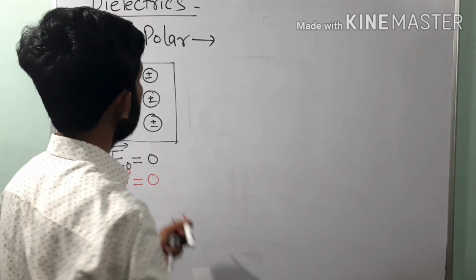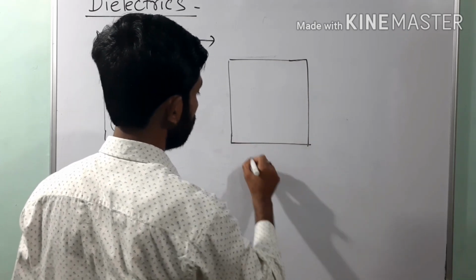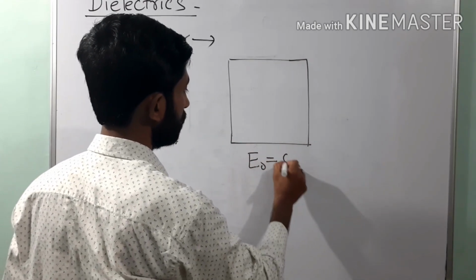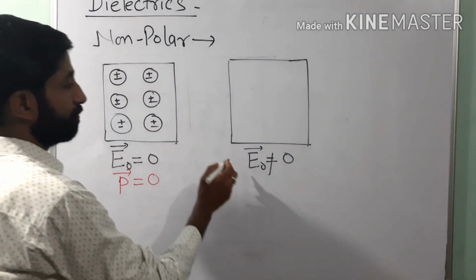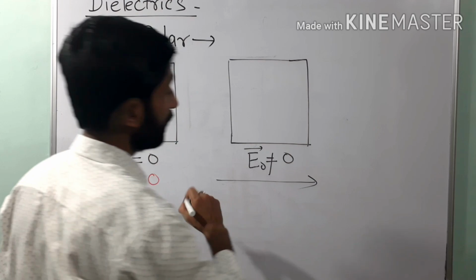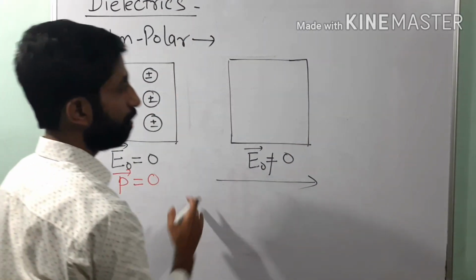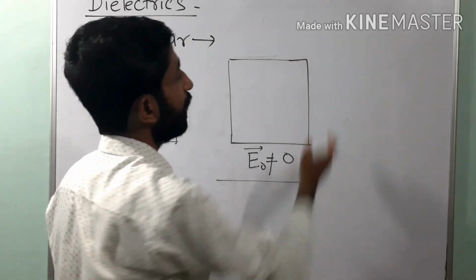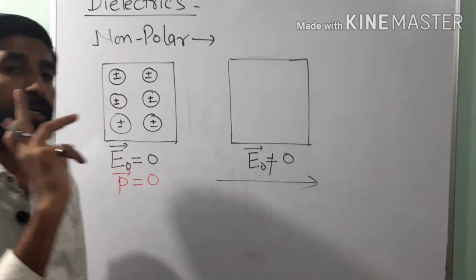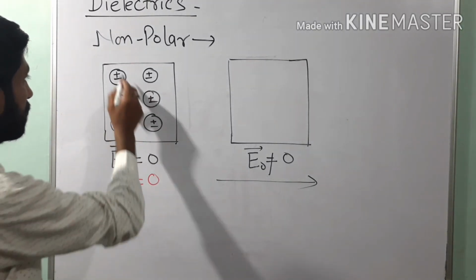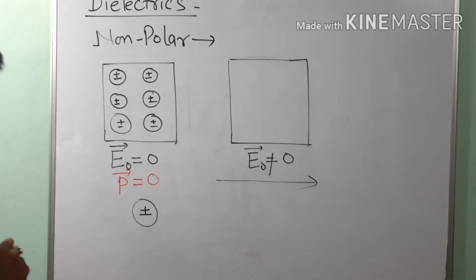Now what if I place it in the presence of an external electric field? It is not equal to 0. Now remember, this is the direction of the external electric field. So obviously this part consists of a positive region which is producing the field, and that of a negative region. So this molecule gets distorted. Distorted means, say this is your single molecule whose positive and negative charges lie at the same point.